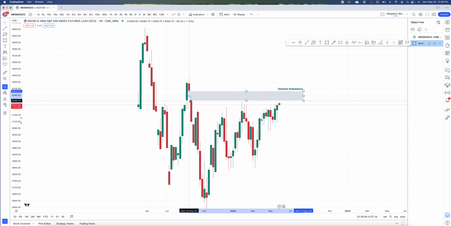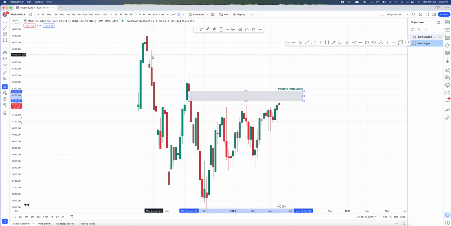And if you don't know what a volume imbalance is, you need to refer to ICT's videos and study a little bit more. But I'm going to cover it. A volume imbalance is basically where there's no volume in the candlestick.